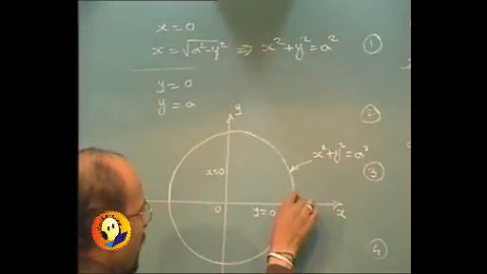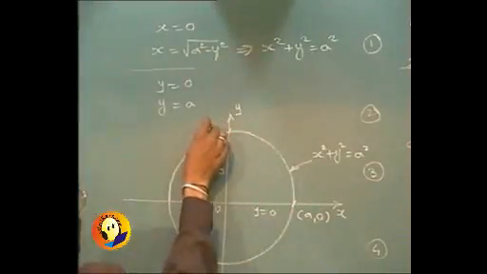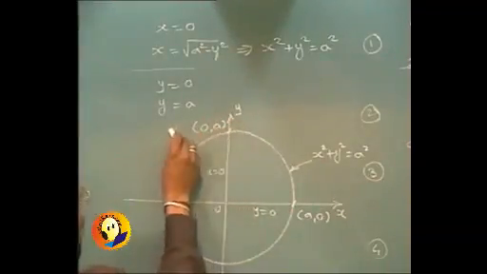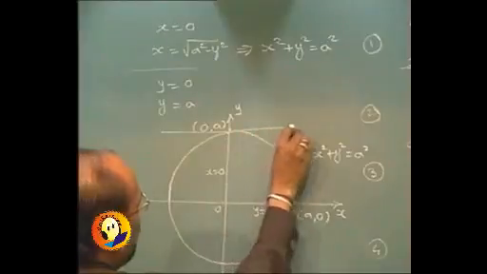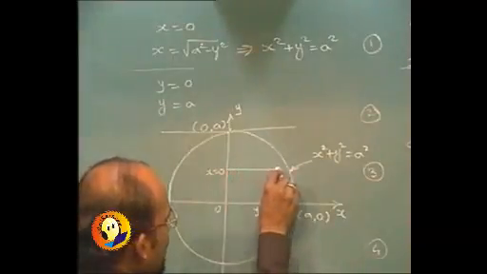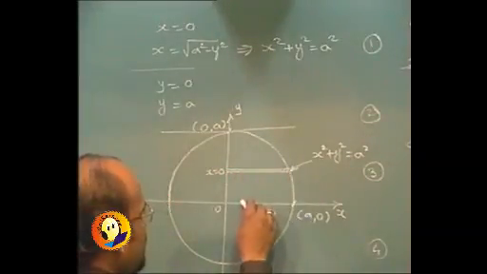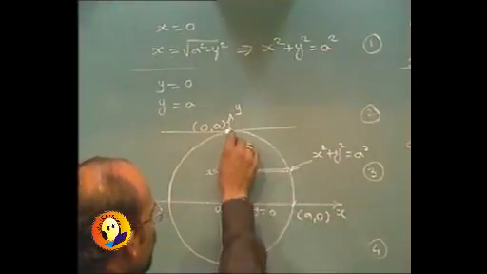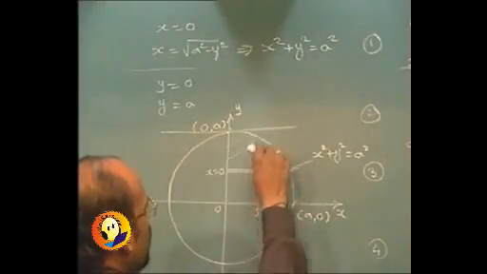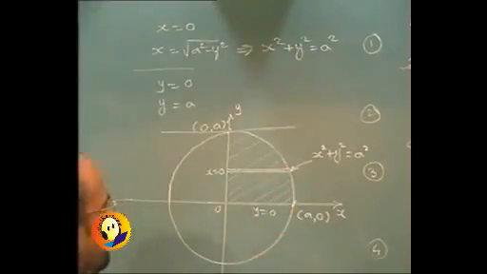We can also locate the points of intersection, (a, 0) with the x-axis, (0, a) with the y-axis, and the line y equal to a will now be passing through the topmost point. As the strip is parallel to the x-axis, it starts on the y-axis and goes up to the circle, and such strips are taken from y equal to 0 to y equal to a. The region of integration is the quarter of the circle, which is in the first quadrant.